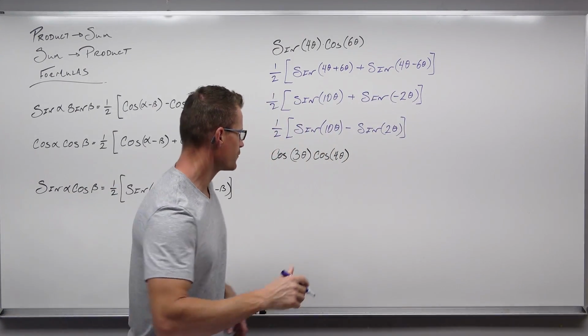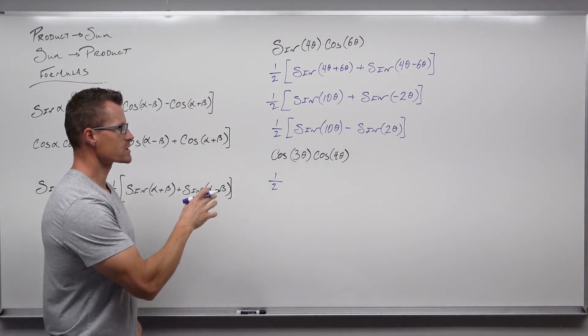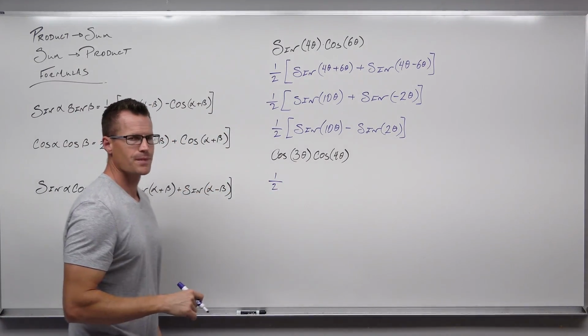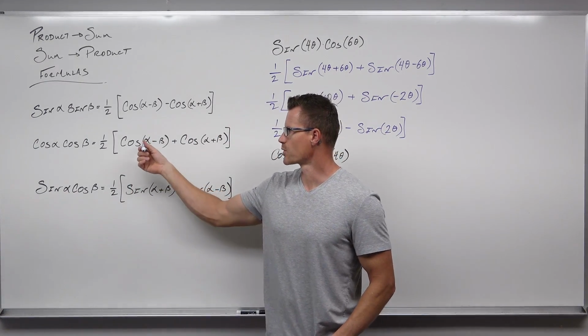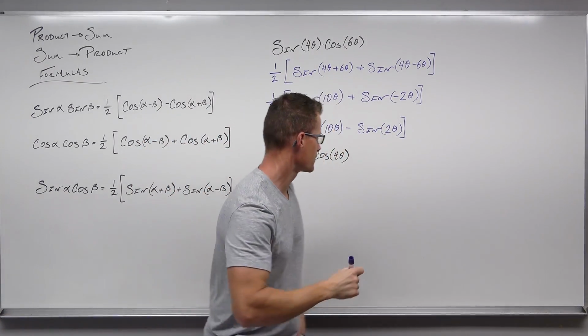So we've got 1/2. They all start with 1/2. Cosine times cosine of two different angles is this formula right there. We're going to take cosine of subtract plus cosine of add the angles.